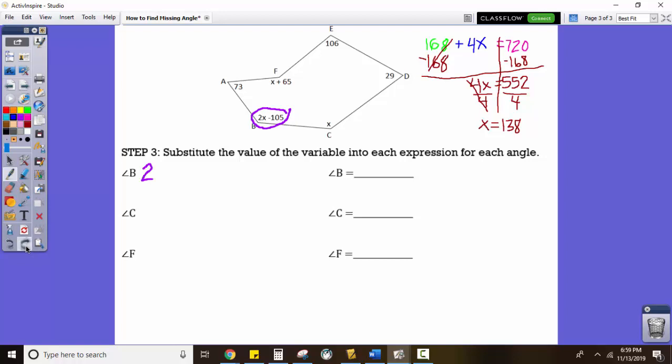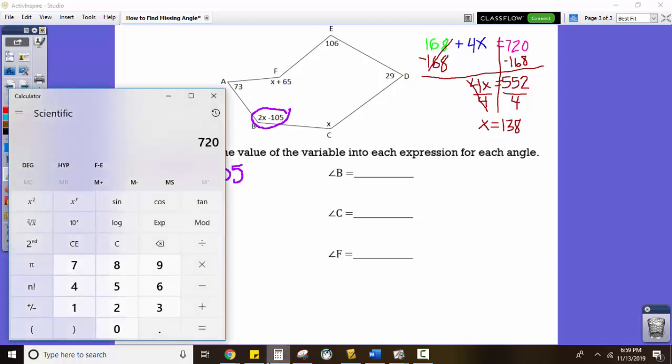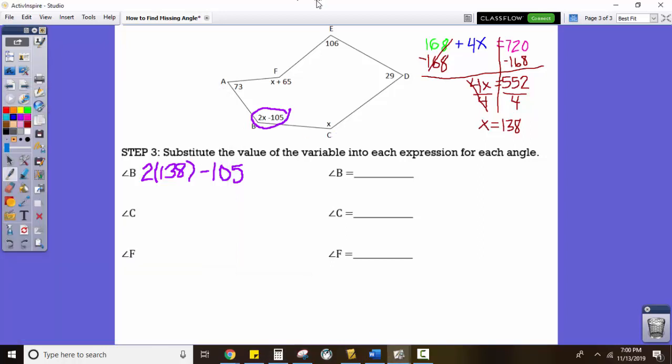I'll start with 2 times 138, because that's what x is, minus 105. I can use my calculator now. 2 times 138 equals 276, and then I'm going to type minus 105, and that gives me 171. So I know angle B is 171 degrees.